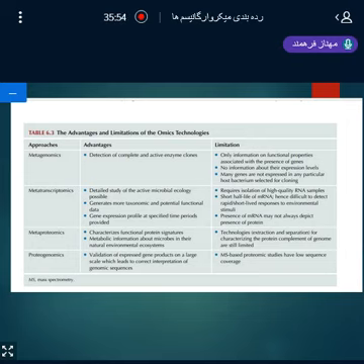At the left column of this table, you can see the approach or technique, the middle column is for advantage and the right column is for limitation. So the approach is metagenomics. You can see here detection of complete and active enzyme clones is the advantage of metagenomics, and the limitation.